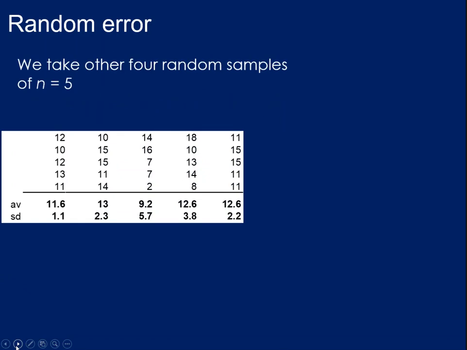So we get 2 that are almost identical there in terms of average. The more samples we have, so if we were to sample all 100 of them, the better our estimate is, the greater the precision.